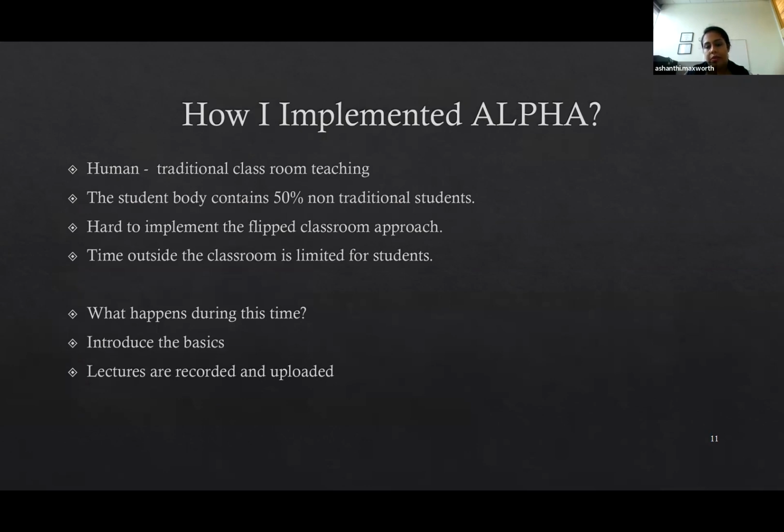But that approach was not successful, because I know at CU Denver also there's a diverse student body. At the University of Southern Maine, especially in engineering, we have a healthy balance of traditional and non-traditional students. Everybody is working outside, and some students have families. So they have a lot going on outside of the classroom.